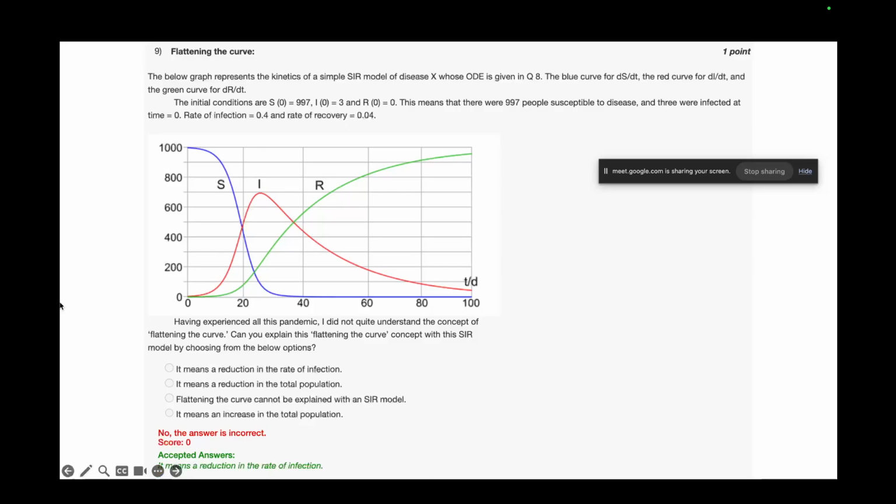But this is actually how an SIR model curve looks. There are various nuances to this SIR model. You'll see different variations of the SIR model. If you do a Google search, there will be SIR, there will be SEIR, there will be SIRV, where you add an element of vaccination and what it is doing to the pandemic as well. So there can be various variations of the SIR model, but the SIR model is the most basic one.